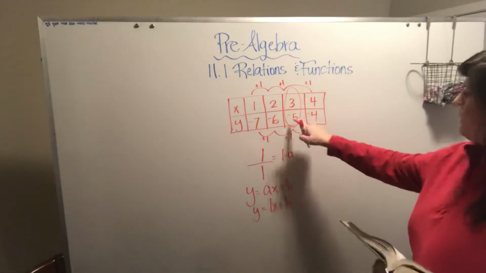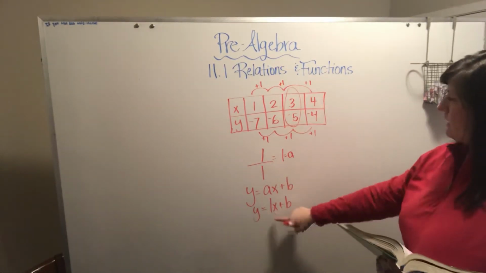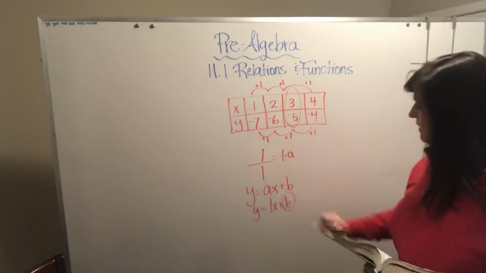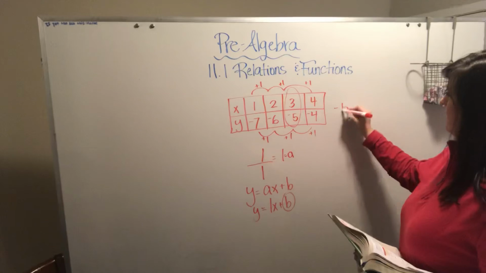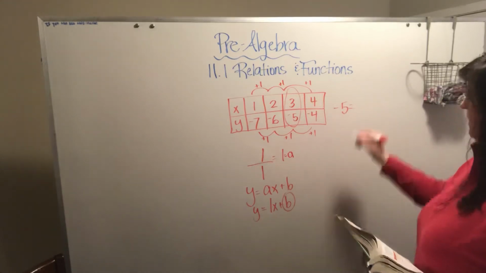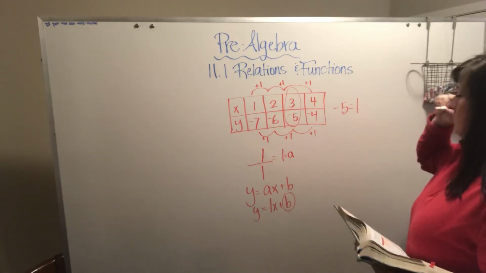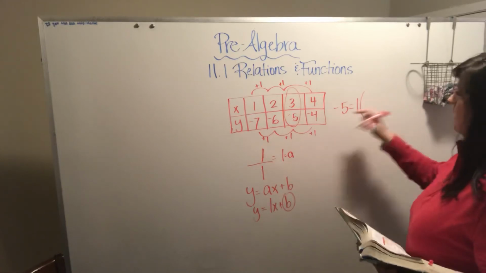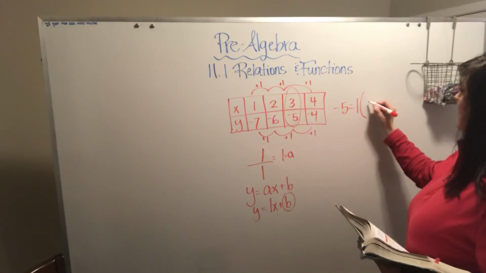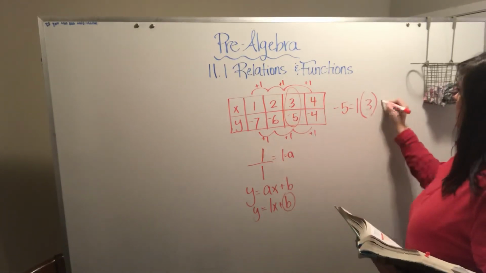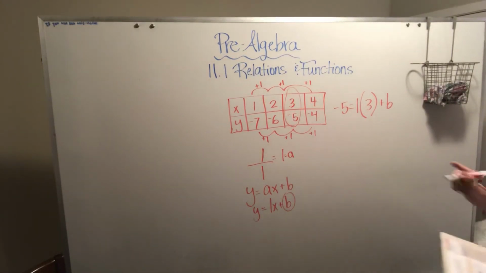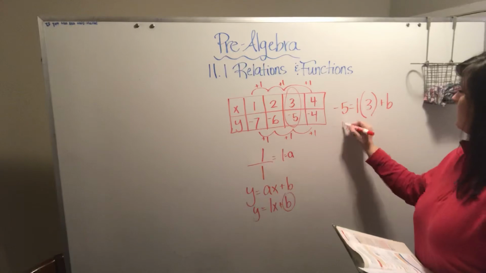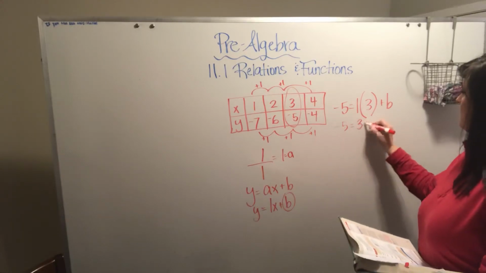Okay, so I'm going to put these numbers in this equation to find B. Okay, Y, -5 equals 1, that was my A, right, times 3 plus B. All right, so -5 equals 3 plus B.